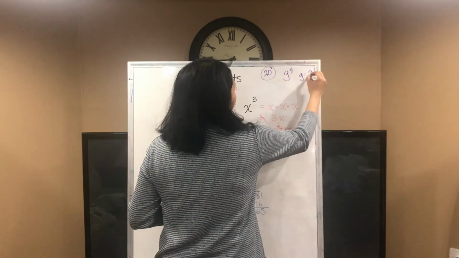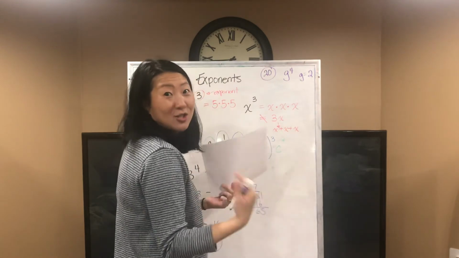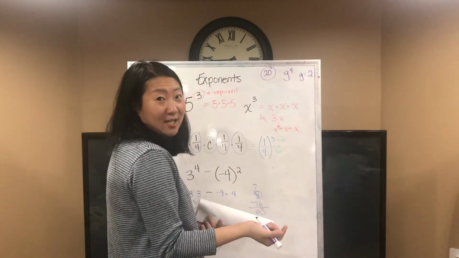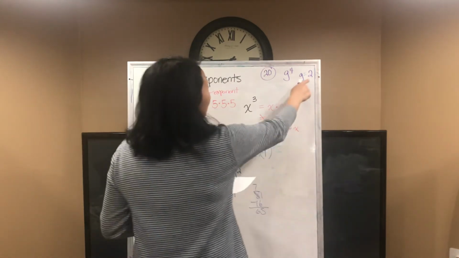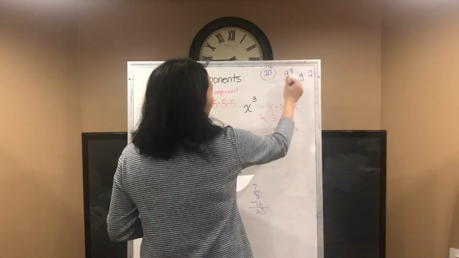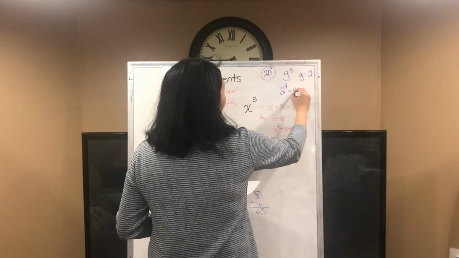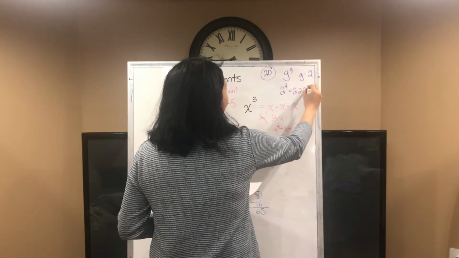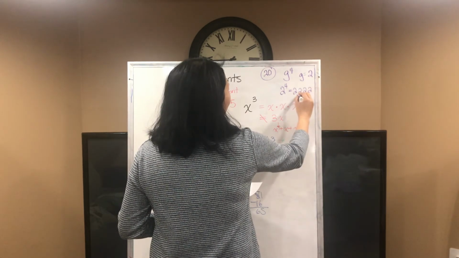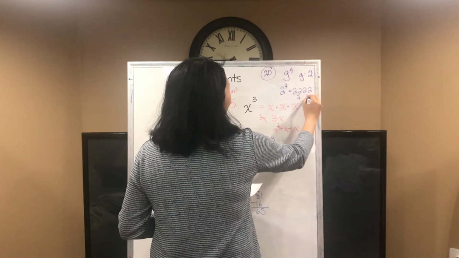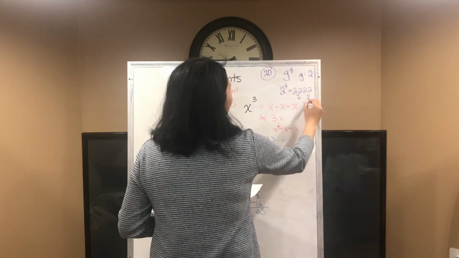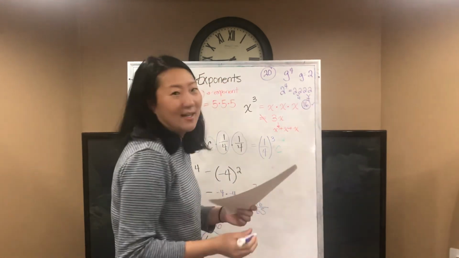They have to tell you that, because otherwise there's no way that you can just solve G to the 4th. It's an expression and not an equation. So that just means I'm going to substitute in 2 for G, 2 to the 4th, and that of course again means 2 times 2 times 2 times 2. 2 times 2 is 4, 2 times 2 is 4, 4 times 4 is 16, so that is my answer.